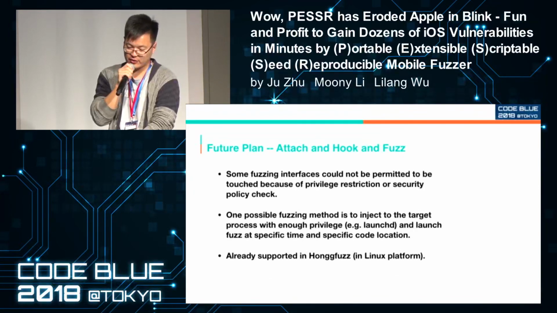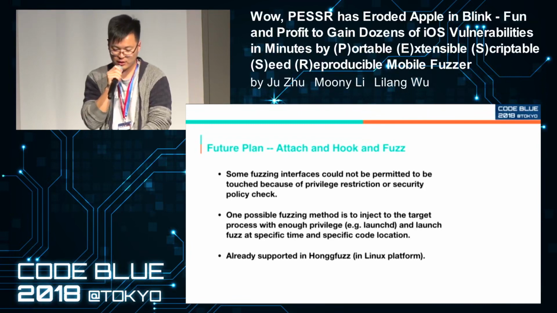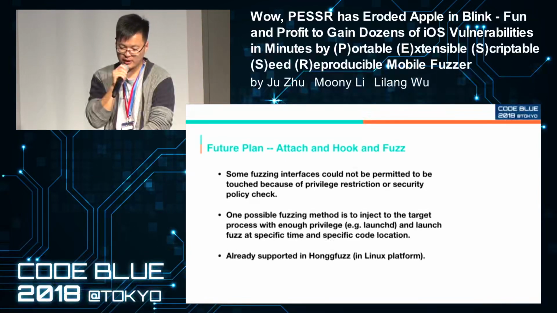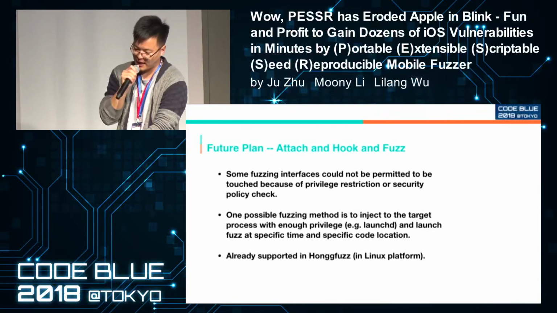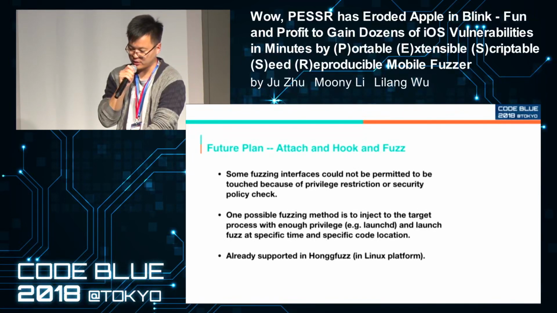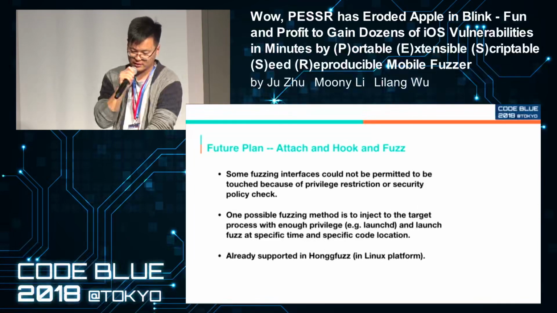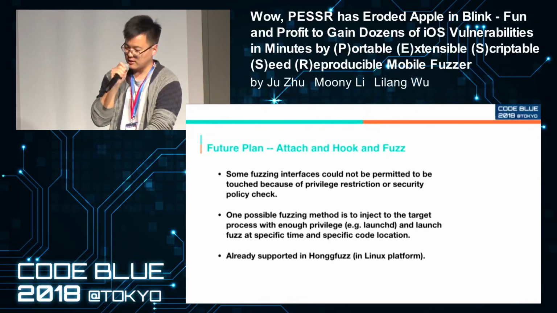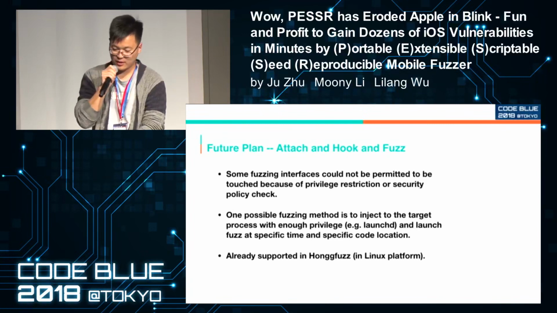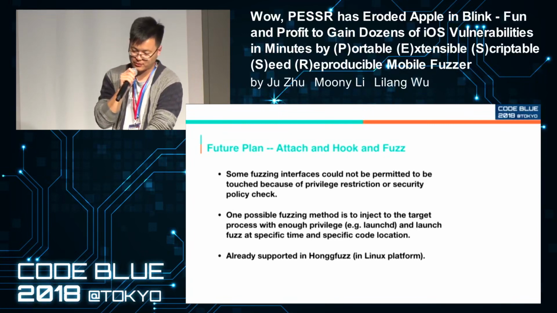For those fuzzing interfaces which could not be accessed for linking, or because of privilege, or prevented by security policy checks, we plan to attach to them and hook related functions for fuzzing. Actually, this method has already been proved practicable by HonggFuzz.